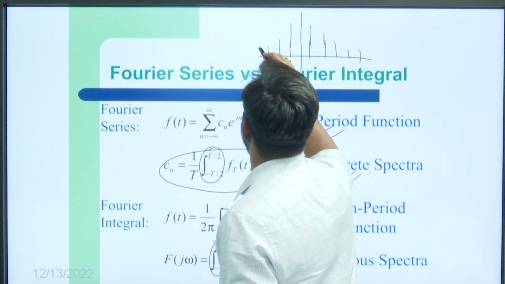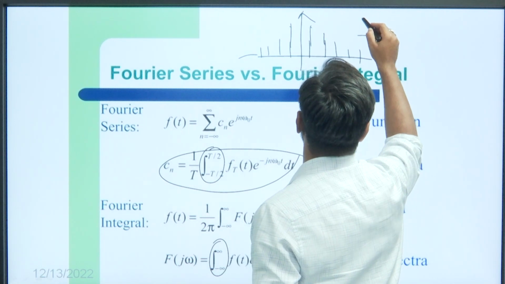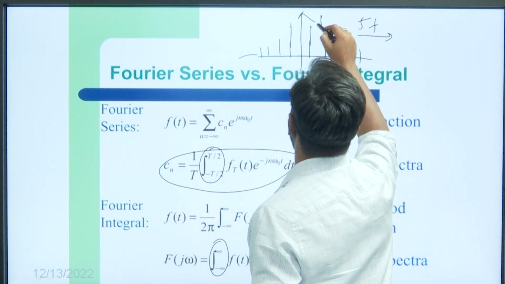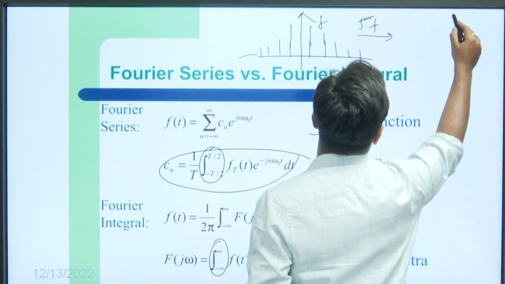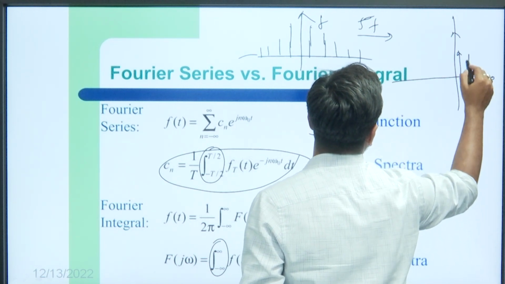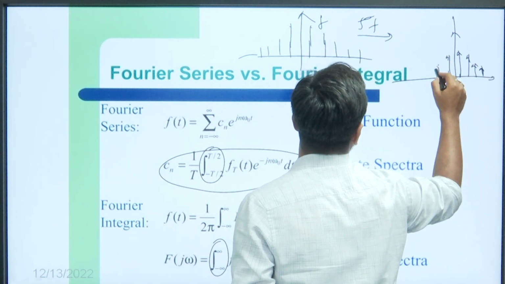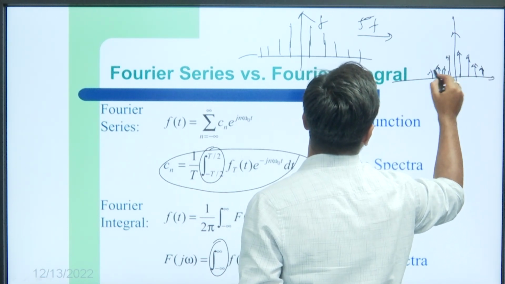This is the spectrum. Now suppose you increase the frequency to 5 times. If this is f and this is 5f, how will 5f look? It will look like this, much closer.